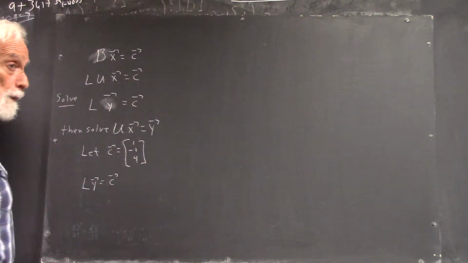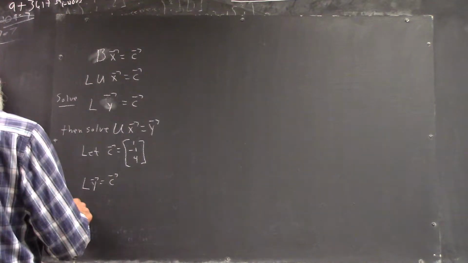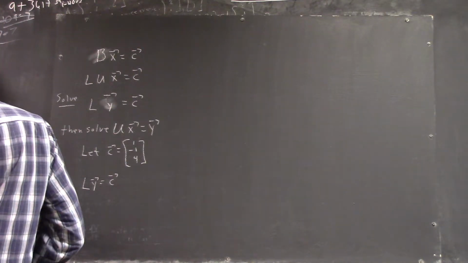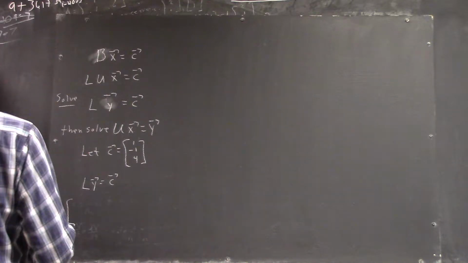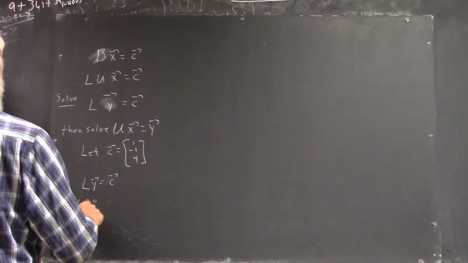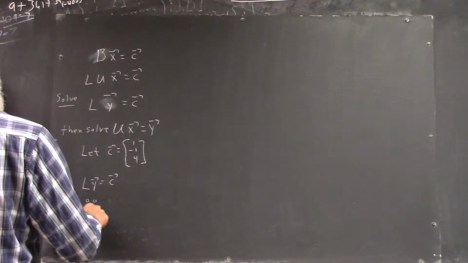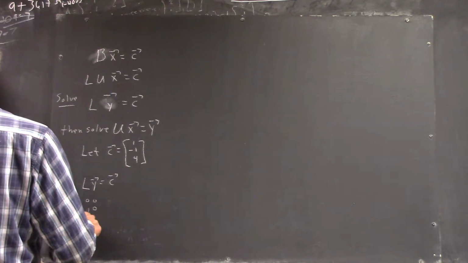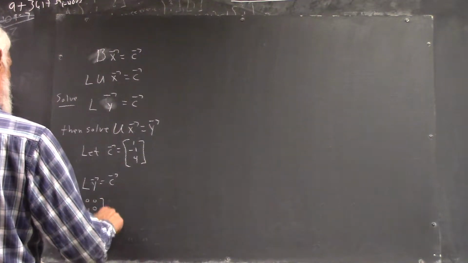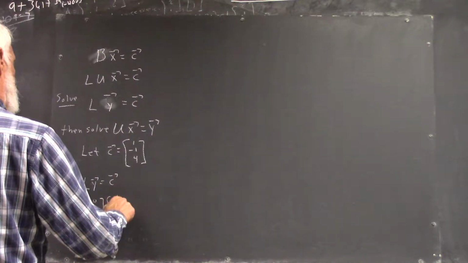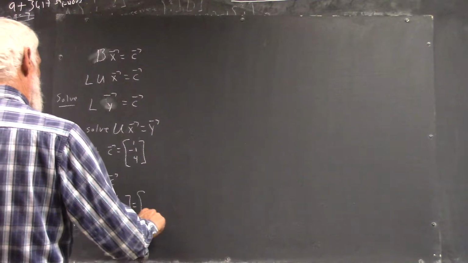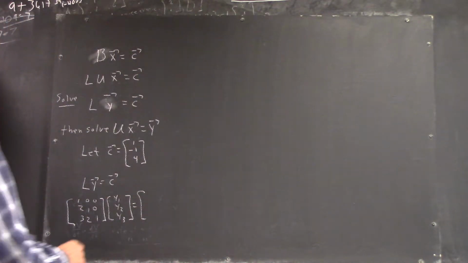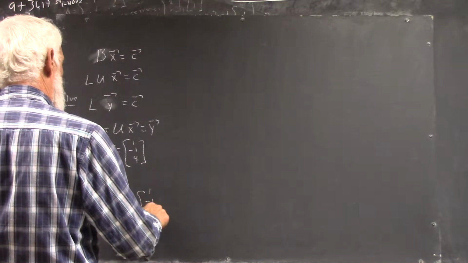Okay, so we've got Ly equals C, which means that for our matrices, L is 1, 0, 0; 2, 1, 0; 3, 2, 1, times y1, y2, y3 equals 1, negative 1, 4.